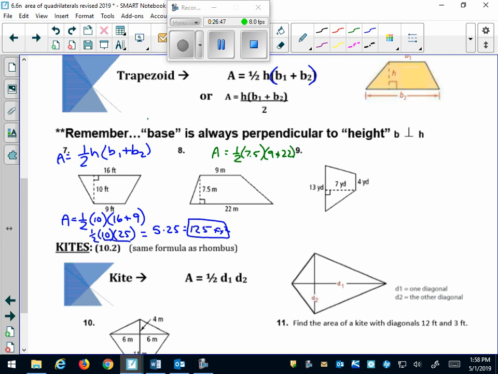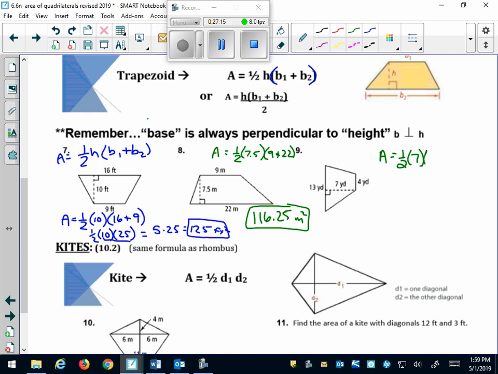Then if it's wrong, even though you filled it in right, maybe you just pushed something wrong on your calculator. But if you have it filled in wrong, then I can look and say, ah, you used the wrong thing for your height or whatever, right? So it's much easier to find mistakes if you show all of that, okay? All right, so this one should have been 116.25 square meters. What's the height in this one?